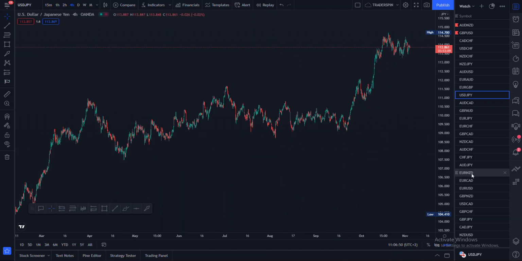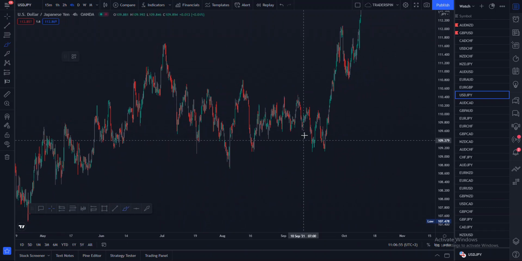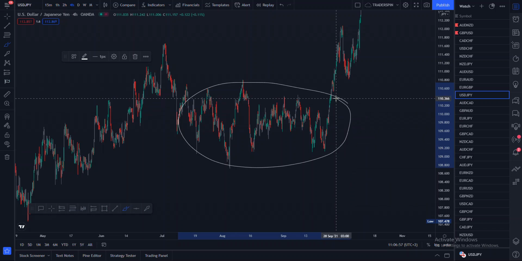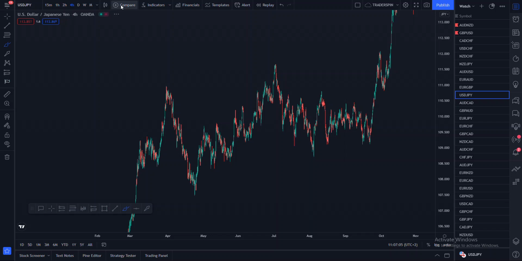As you can see that price is not doing anything here, so you don't want to get caught up on anything here, right? And you can see that price is actually doing something here, right?